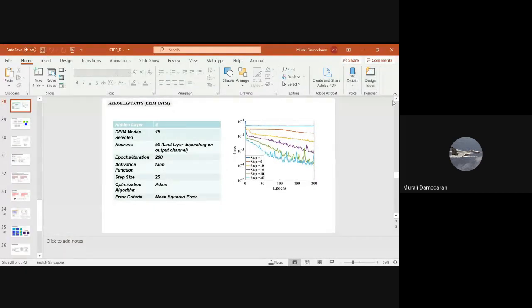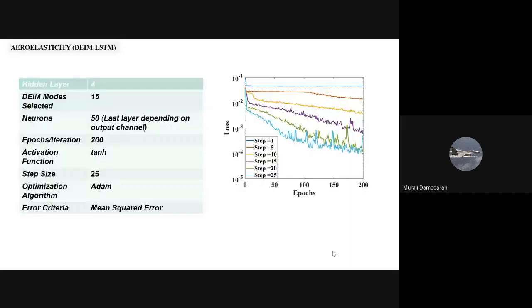Is keeping the slide like this okay, or do you want full screen? Yes, full screen is better, sir.